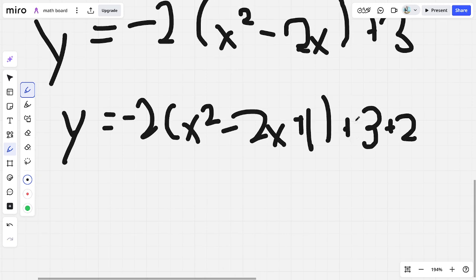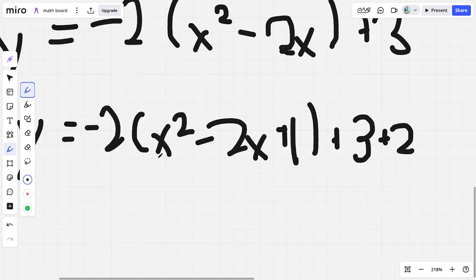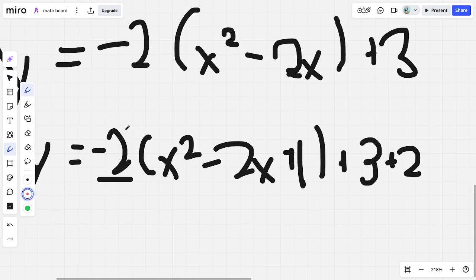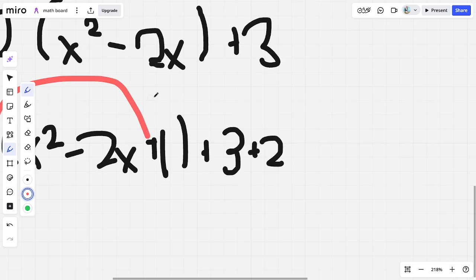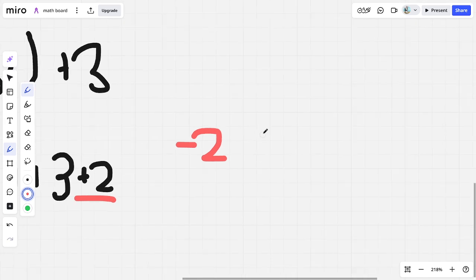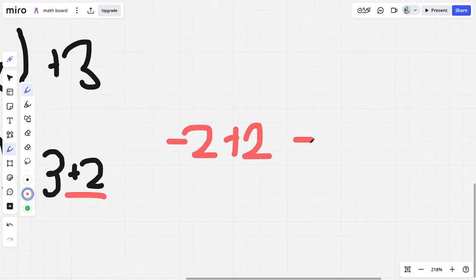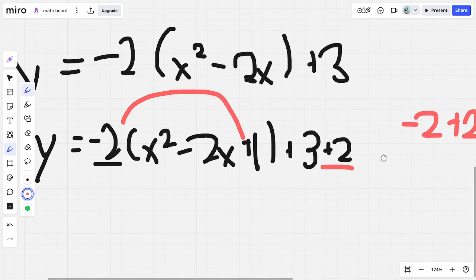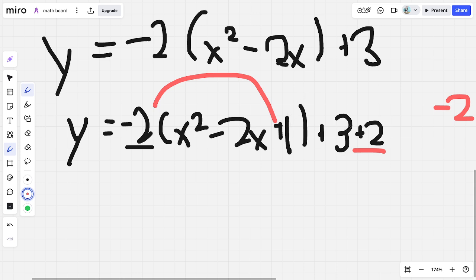And you're probably going to be like, wait, why are we adding 2? Because we have -2 here. If we distribute -2 to +1, we get -2. So we add +2 here, so that it balances the equation and is still 0, so that we don't add anything additional to the equation.